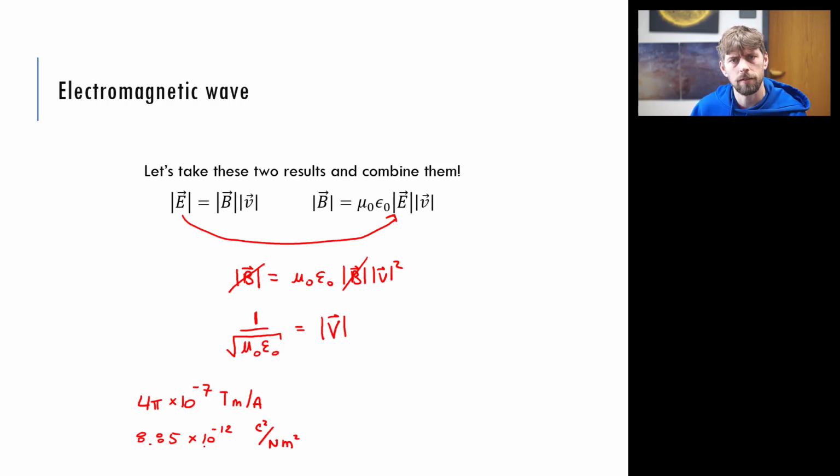What do you get? You take mu naught times epsilon naught, take 1 over this, and square root it. I'll round, since I don't have a calculator in front of me, but you'll find that you get 3 times 10 to the 8th, and the units will be meters per second.